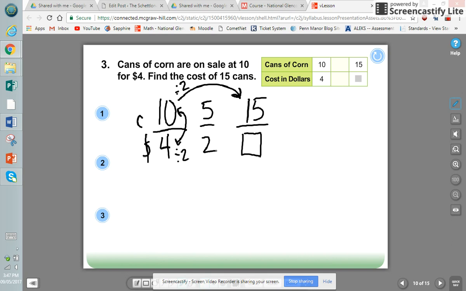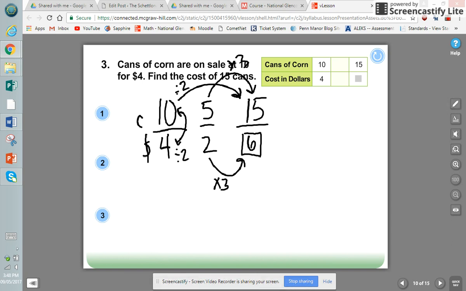Now I can go from this 5 to the 15 and say, oh, you know what? Since I scaled this, 5 times 3 gives me 15, which means down here, 2 times 3 is 6. That one takes a little bit more practice, but that's called scaling. It's my favorite thing. I think.